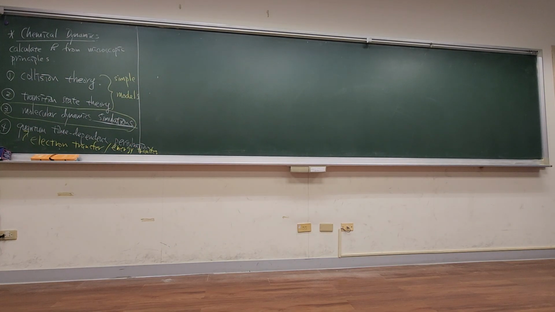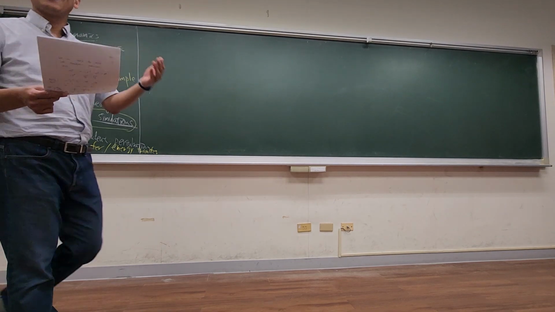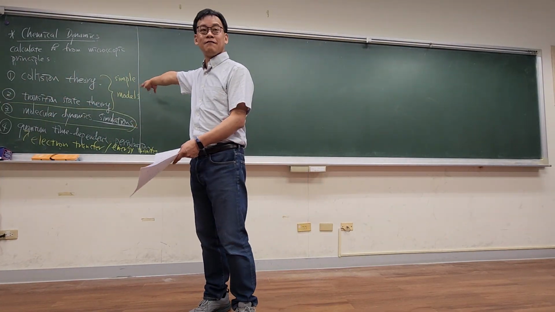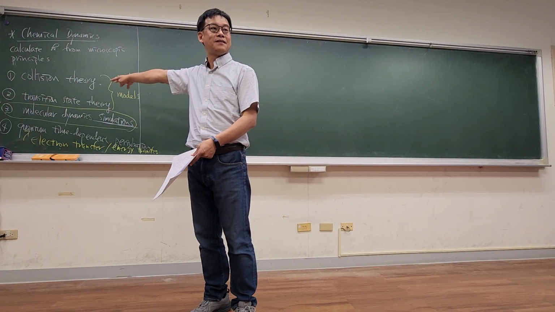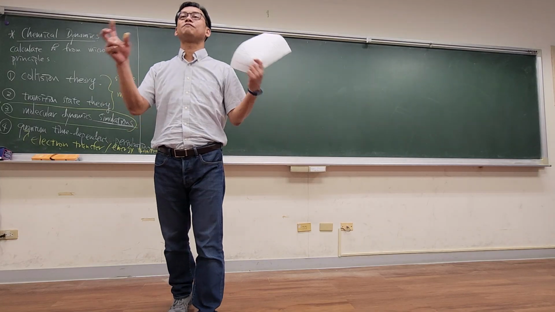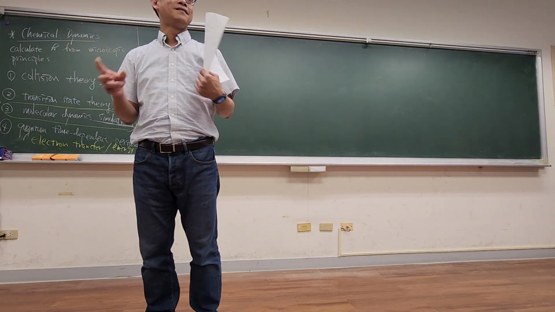I mean, at this point, we are going to focus on simple collision theory and simple transition state theory. I mean simple because we don't have time to cover the full range of even those theories here. So for collision theory, we are going to only cover collisions between hard spheres, the simplest one.